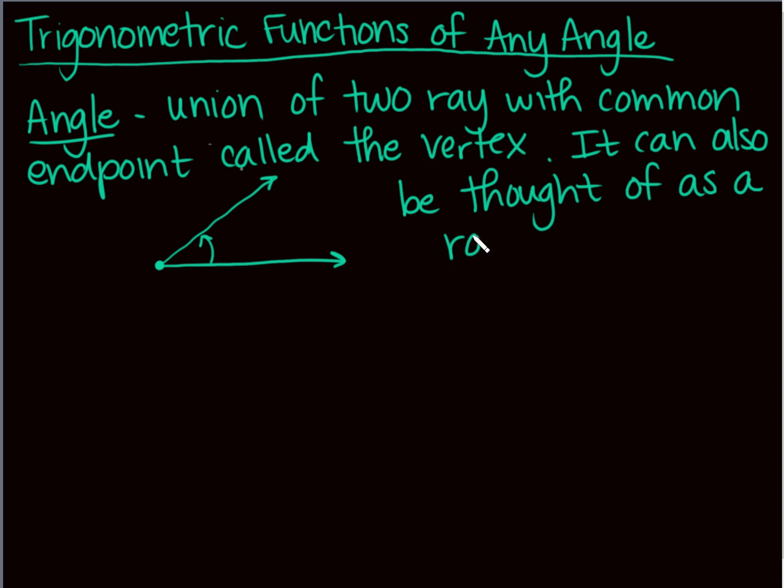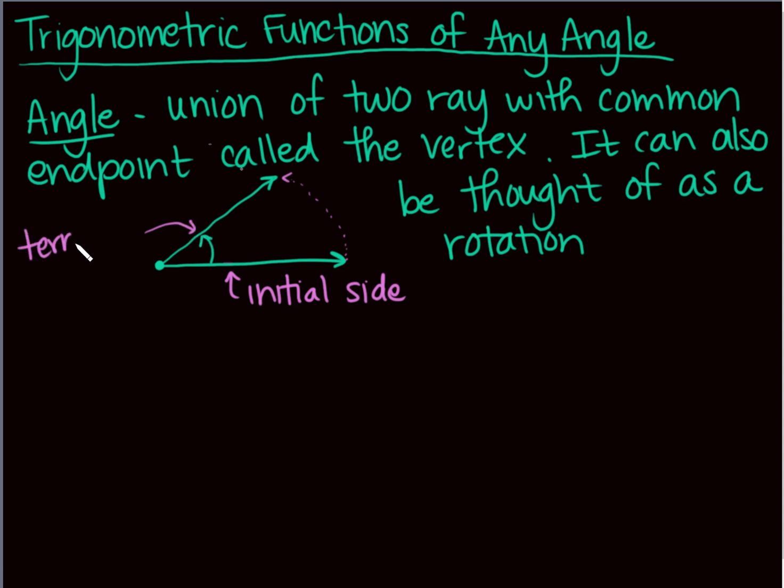So what we mean by a rotation is, let me define the sides here a little bit for you. We call this bottom side the initial side. If I took this initial side and rotated it through this angle, this right here is what we call the terminal side, or the end side.